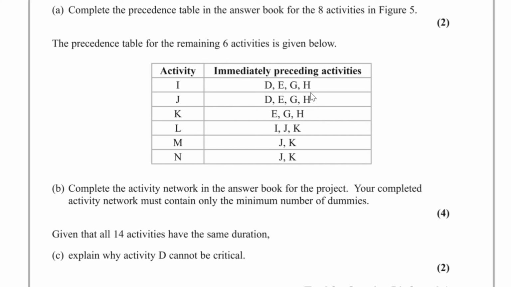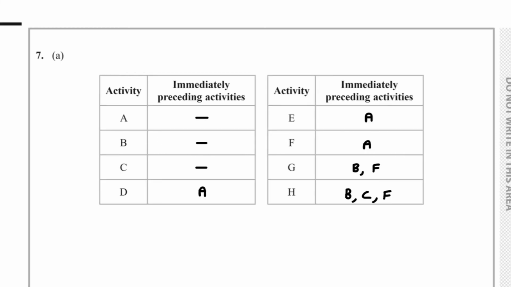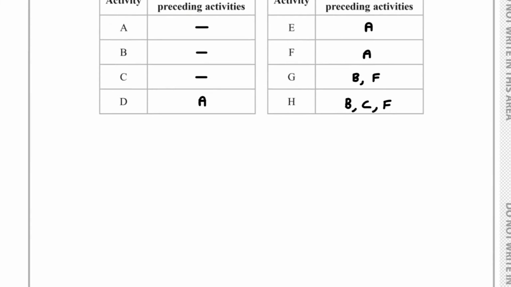Now, for part B of the question, the precedence table for the remaining 6 activities is given in this table here. What we have to do is complete the activity network in the answer book for the project. Your completed activity network must contain only the minimum number of dummies. So, first of all, with dummies there are 2 conditions.